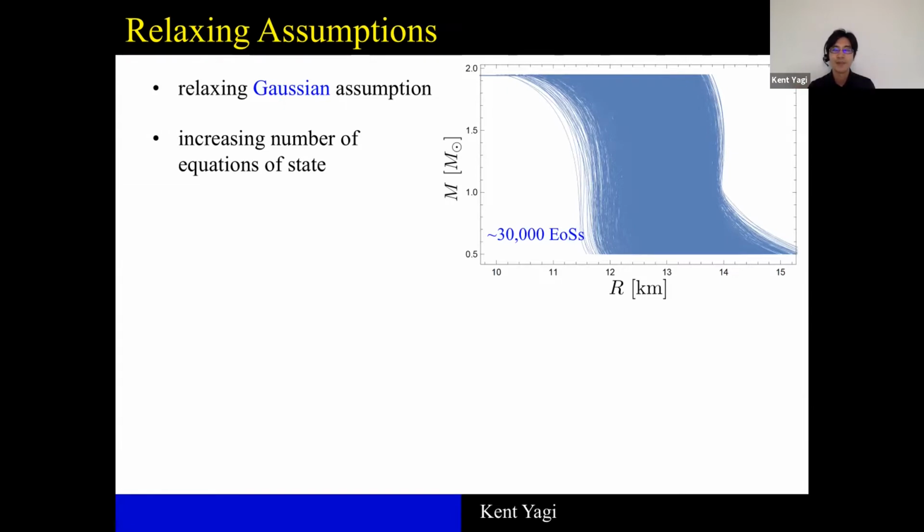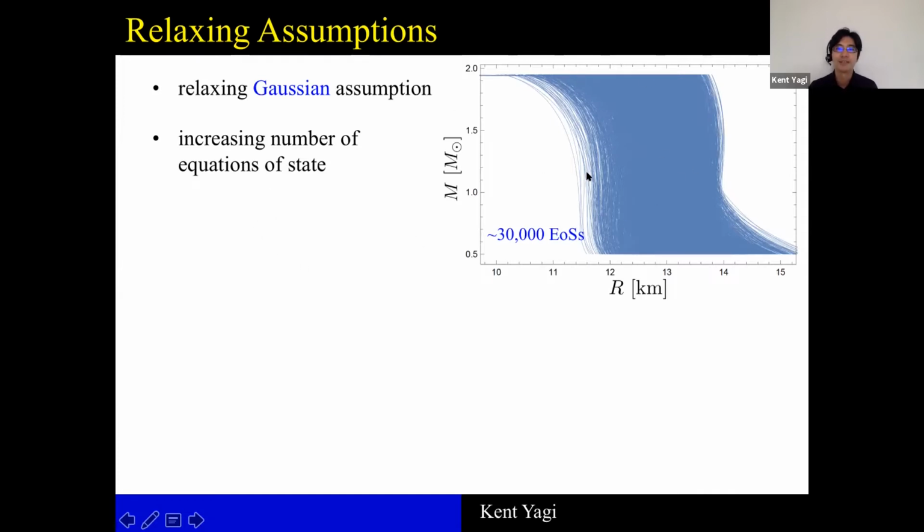The reason why we didn't do that in the original analysis is because we didn't have enough equations of state. Previously, we only had about 30 different equations of state. So to relax this Gaussian assumption, we generated more equations of state, and we ended up generating roughly 30,000 equations of state. All of them support a two solar mass neutron star and preserve causality.